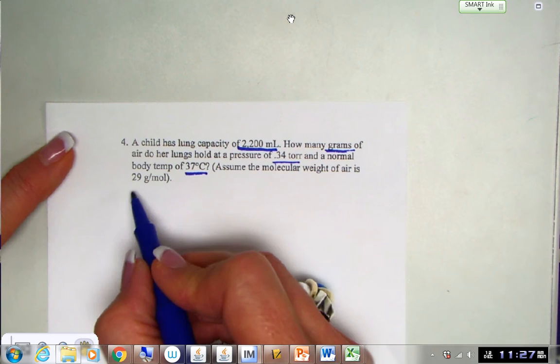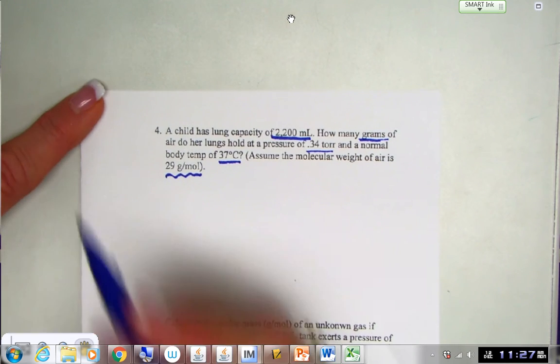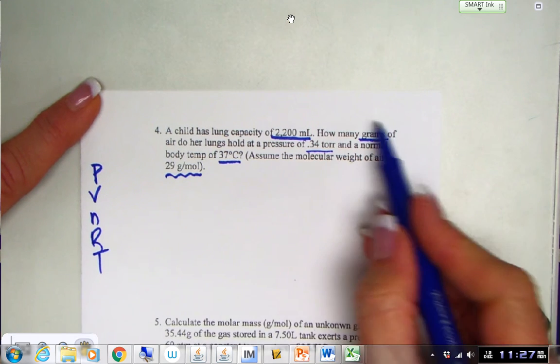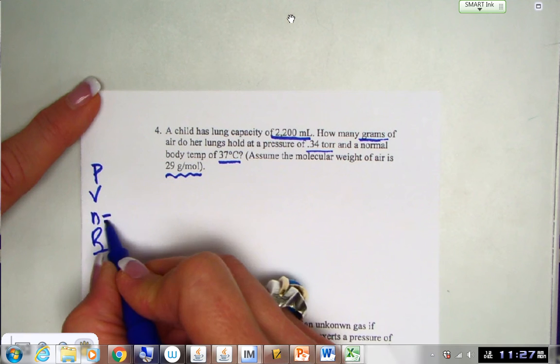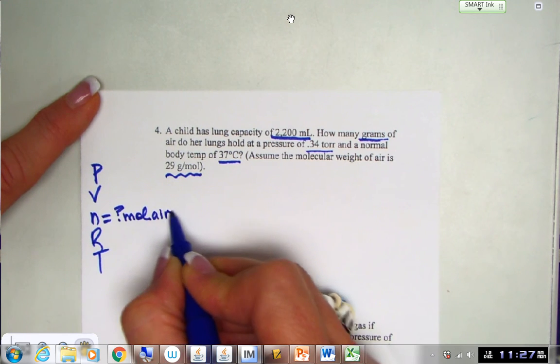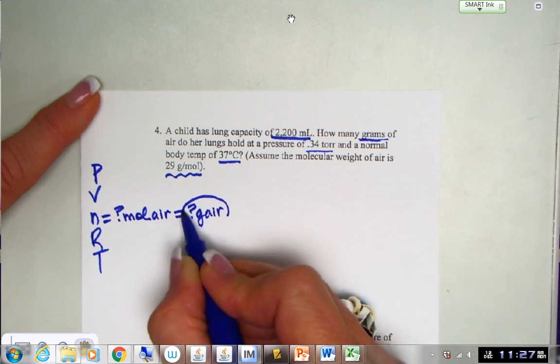And they even go on to say, assume the molecular weight of air is 29 grams per mole, because remember, air is a mixture. So P, V, n, R, T. And since it says grams, that's how we know that we're going to need to use the ideal gas law. So we're going to find moles of air first, and then we're going to convert that to grams of air, which is the final thing they want.